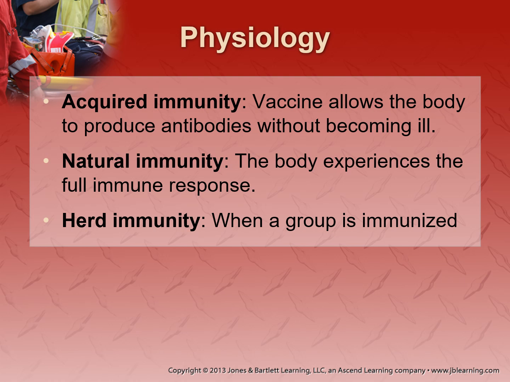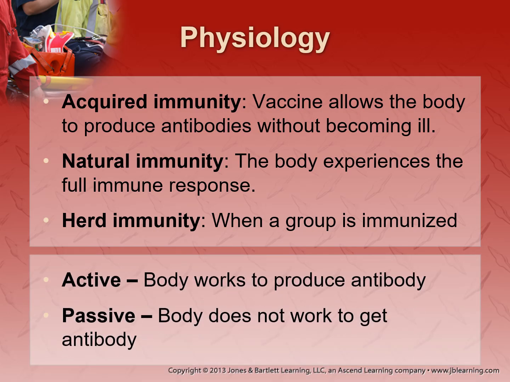All right. It's basically getting shots. Acquired immunity is getting shots, or I think polio used to be on a sugar pill. Natural immunity is when you just come across the disease and you build your immunity to it. Herd immunity is the idea that most of the group is now immune to that disease or to that pathogen.